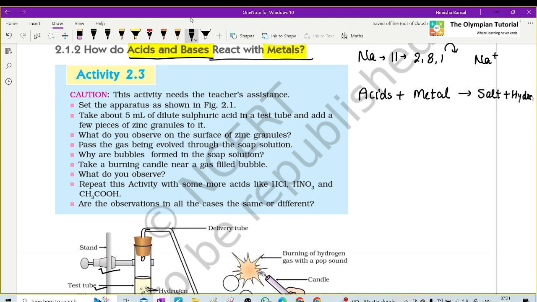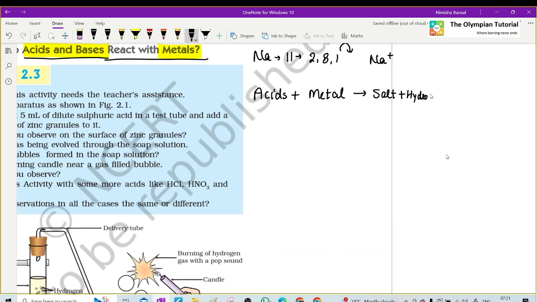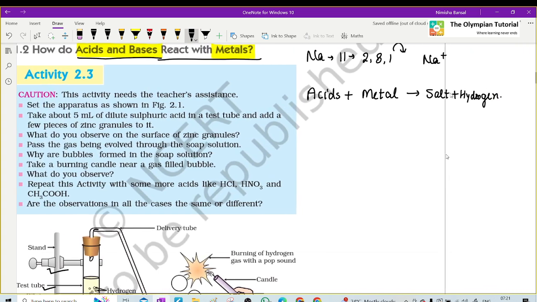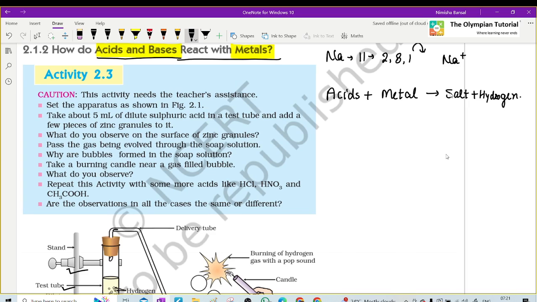And what is the method of checking hydrogen? Actually, it is the property of hydrogen that it burns itself with a pop sound. In this way, hydrogen gas is checked. What you do, Tanya? You write this topic and after that this one.